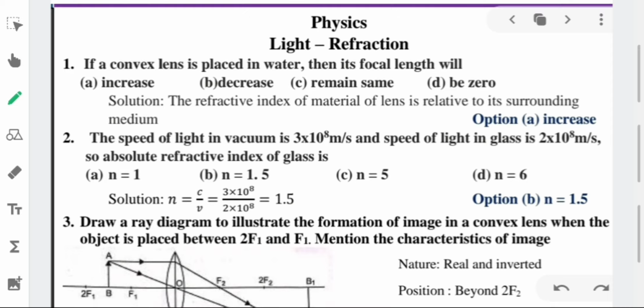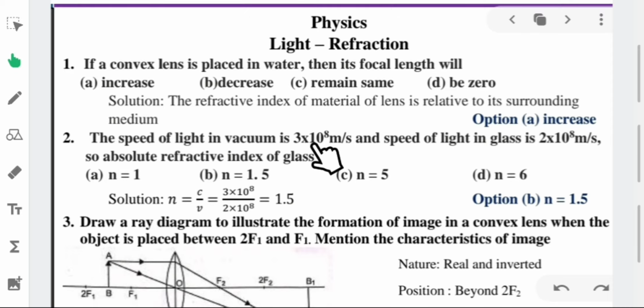It means the speed of light in vacuum over the speed of light in the medium. C is nothing but the speed of light in the vacuum, whereas v is the speed of light in the given medium, that is in the glass.